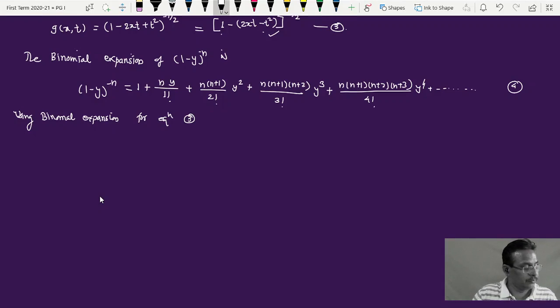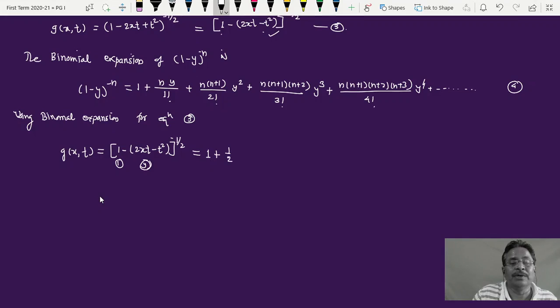So if I use this expansion, g of x,t is equal to, in the bracket, (1 minus 2xt minus t square) raised to minus half. I am using this as 1 and this is my y. So this is y and this is (1 minus y) raised to minus n, so this time n is equal to half. First term I'll get is 1, then the next term, n is 1 half, so this is 1 half here.